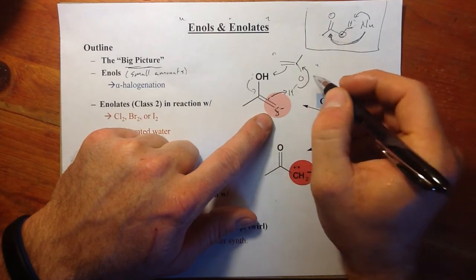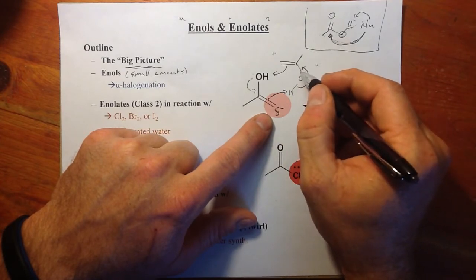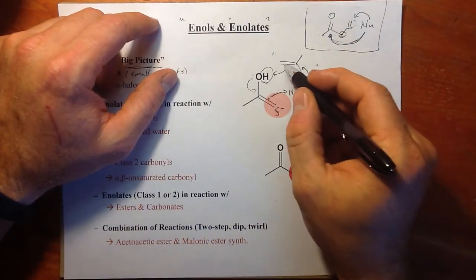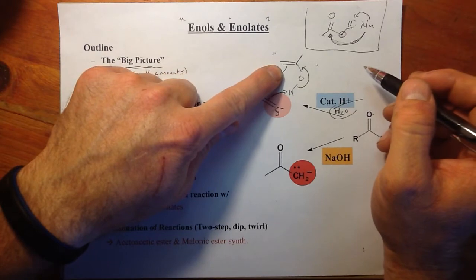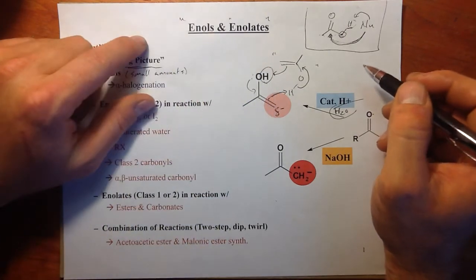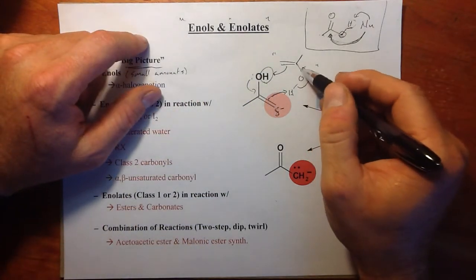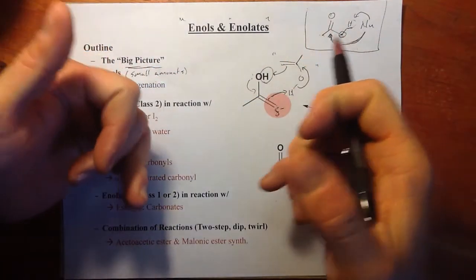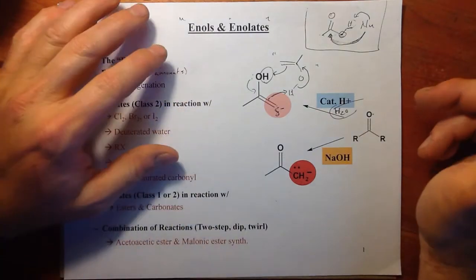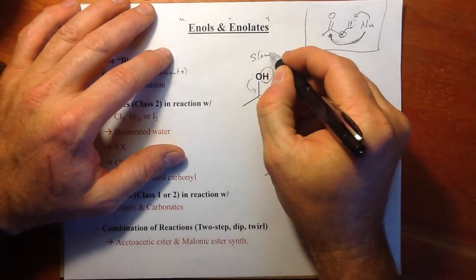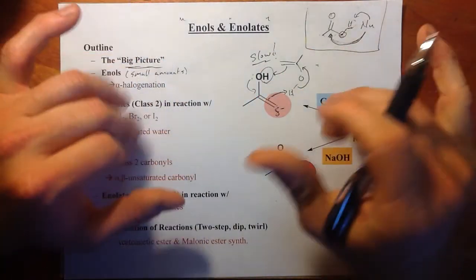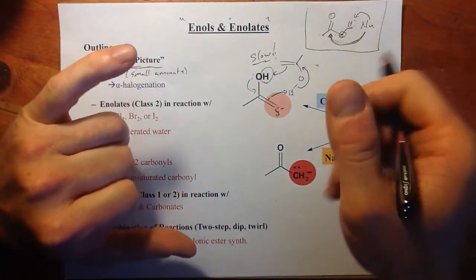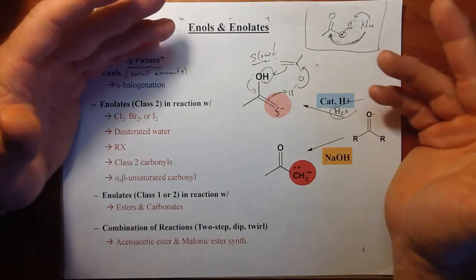This could come back to a pi bond, so we could walk away where this proton is transferred back to the alpha position of this enol, and this proton from the enol over here is transferred back to the alpha carbon of this enol. So they pop away as two ketones. Now, of course, this would be a very slow reaction if we have to have that particular alignment of the two molecules. So that's why it's slow.